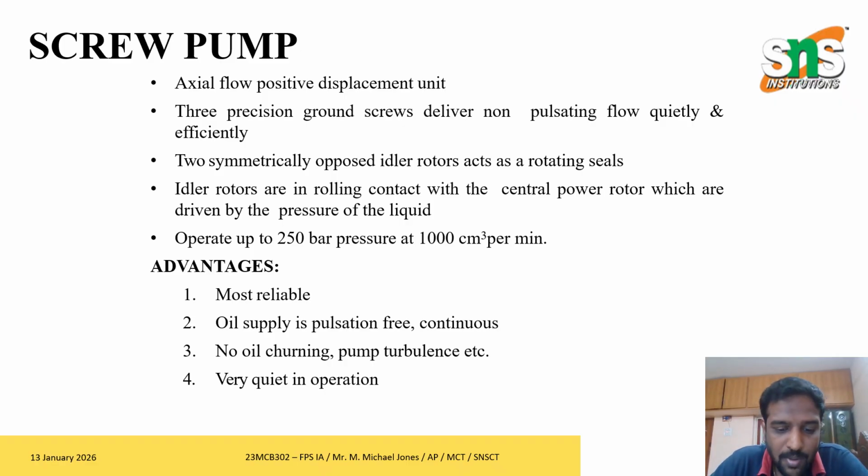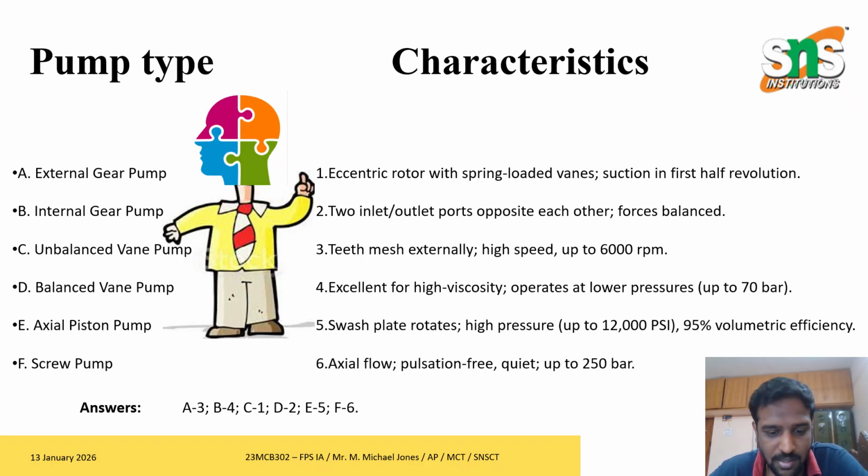The typical screw pump has three precision ground screws: one central power rotor and symmetrically opposite idler rotors. The idlers rotate in seals, rolling in contact with the central rotor. These rotors are driven by the pressure of the liquid itself, so only the liquid pressure directly rotates the rotors.